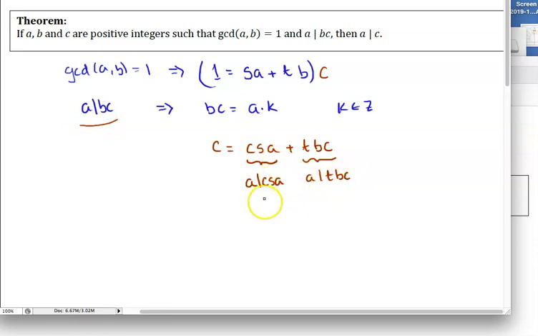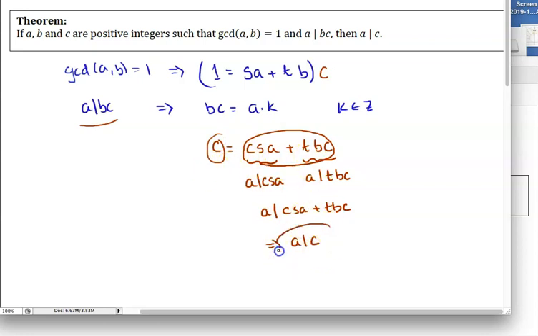I also know that if a divides two numbers, it's going to divide the sum of those two numbers. Again, this is one of the theorems from the previous sections. Because a divides this side of the equation, a divides that side too, because it's the same value. So that constitutes the proof of this theorem.